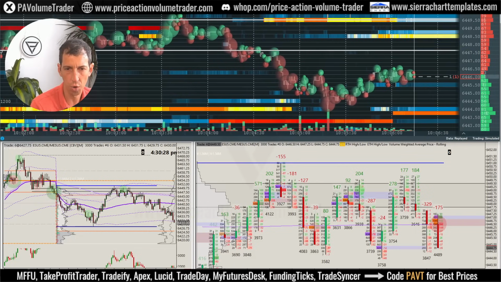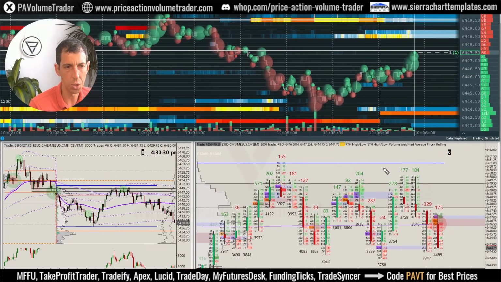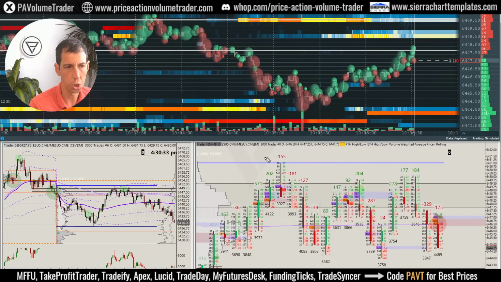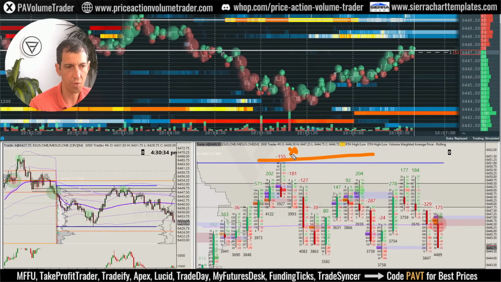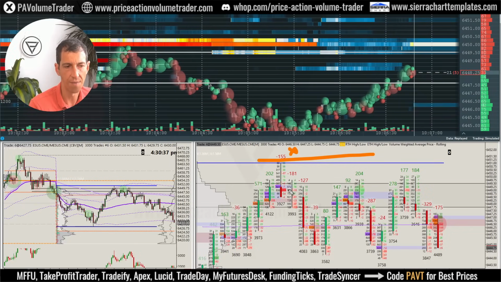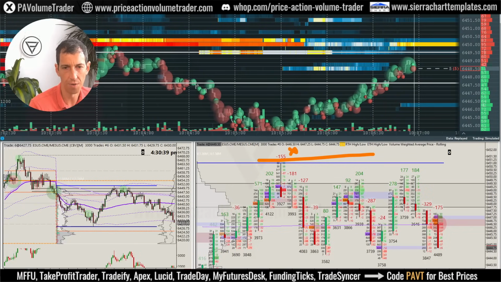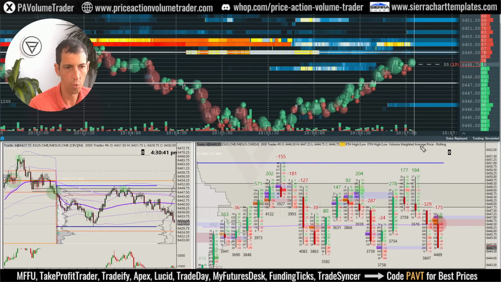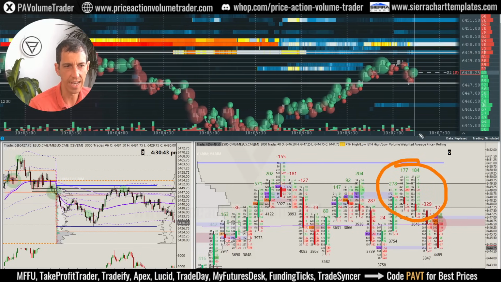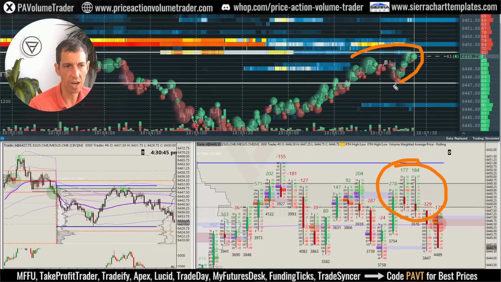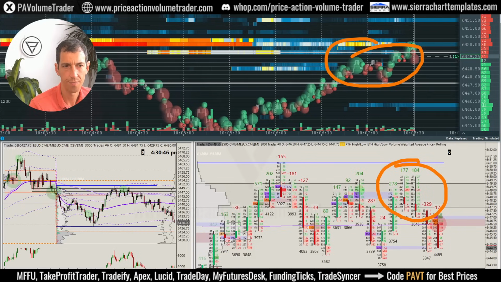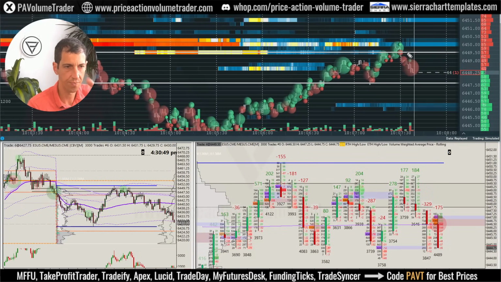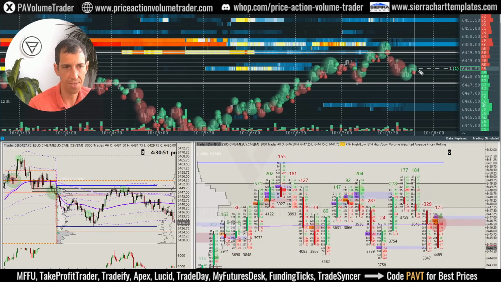So if you're short here, you pretty much know that your stop loss should just go beyond the previous swing high here of this area of large volumes. We come right back here in this area, more aggressive buying, and yet price is failing to get through.